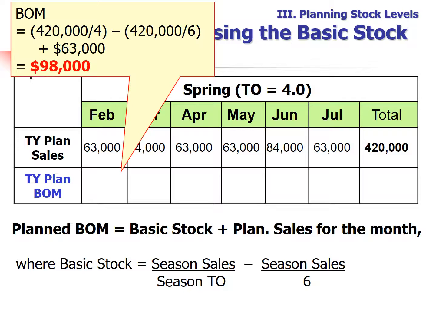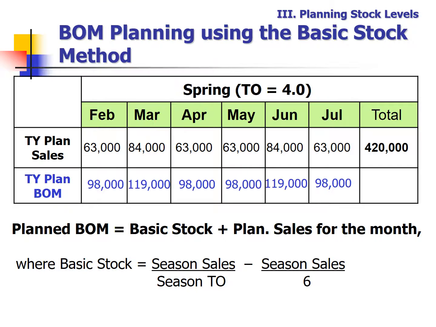So basic stock plus $63,000 will be the BOM of February, which in this case came up to be $98,000. So for planning all 6 months' BOM, we first need to calculate what the basic stock is, given this formula. And then you add to the basic stock the particular month's sales planned for this year. Then you can come up with the BOM stock level for every month.